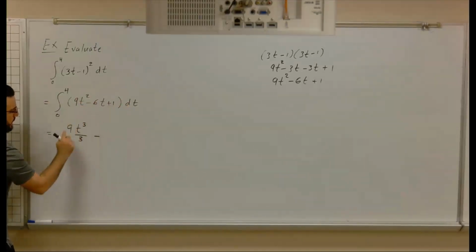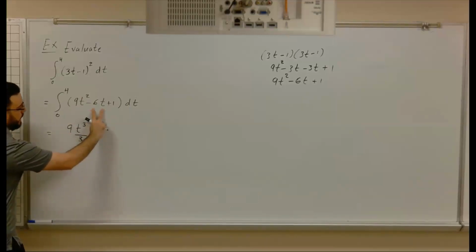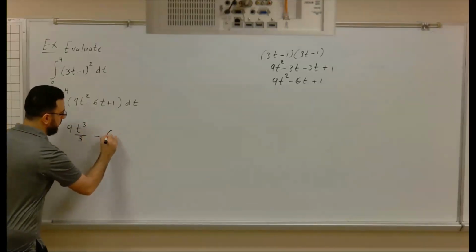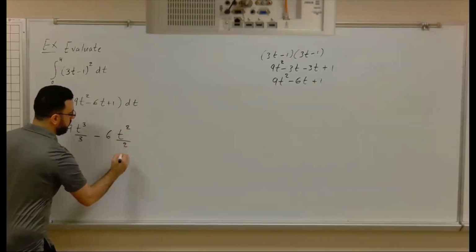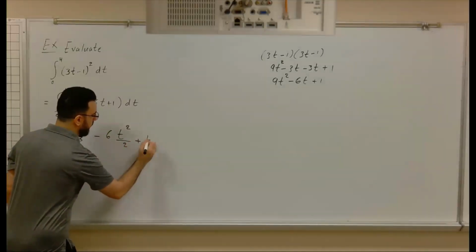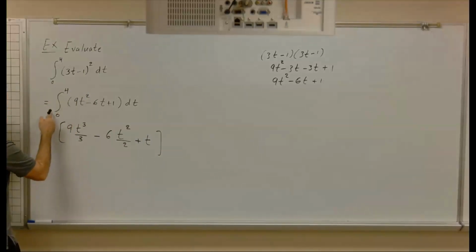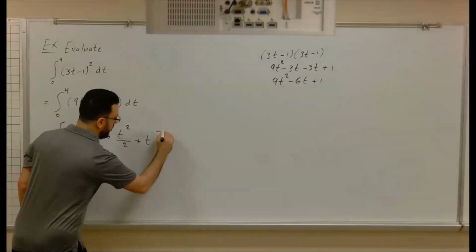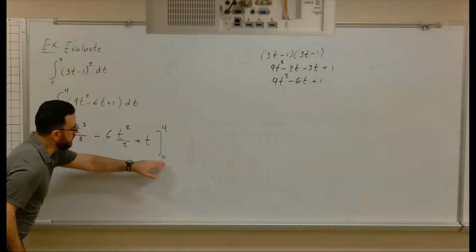The integral of the first term is 9t cubed over 3, minus the integral of the second one, which is 6 times t squared over 2. The integral of 1 is t. The only difference is we have the boundary from 0 to 4. I'm going to write down the boundary here because I don't have the integral sign anymore. So here's my boundary from 0 to 4.